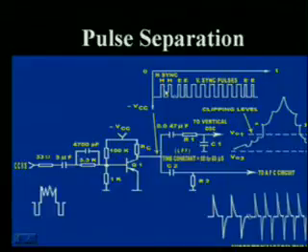H means horizontal sync, E means equalizing pulses, and these are vertical sync pulses in serrated form.